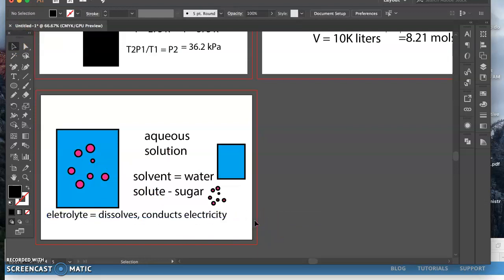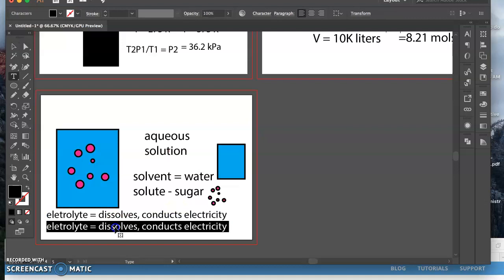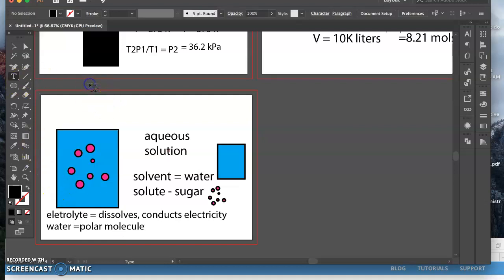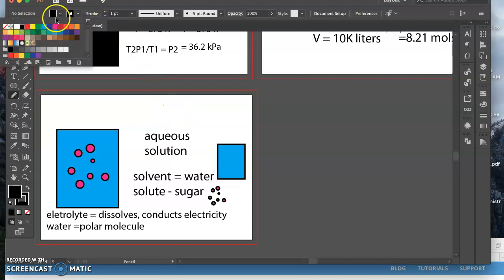And then we also talked about one of the weird properties of water is that water is a polar molecule. So let's review what that means. Okay.